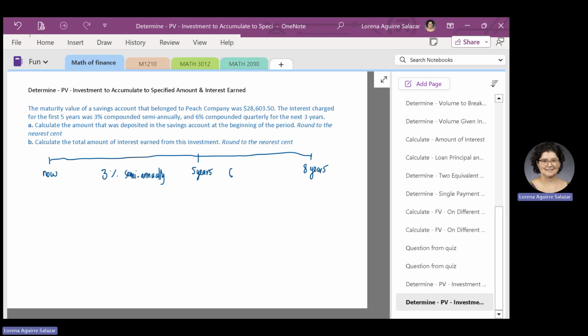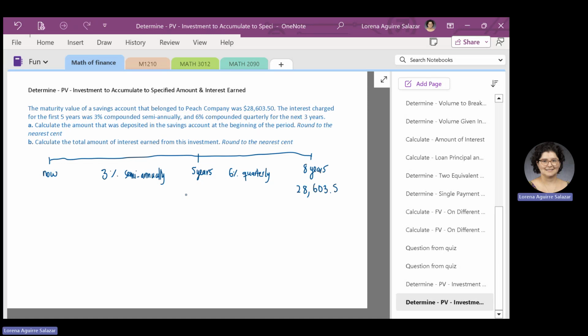To calculate the amount that was deposited in the savings account at the beginning of the period of 8 years, we need to go backwards in time. After 8 years, the maturity value of the savings account was $28,603.5. So we need to go backwards in time to find how much was deposited at the beginning.